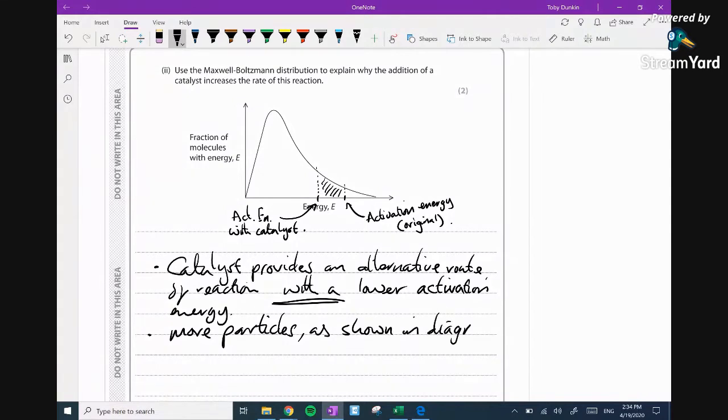More particles have activation energy, EA. So more successful collisions, rate increase.